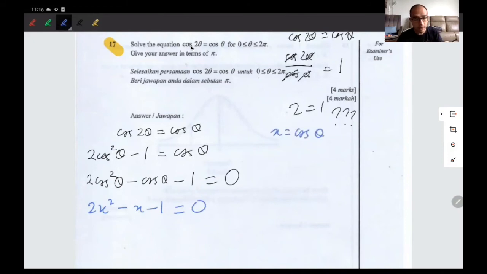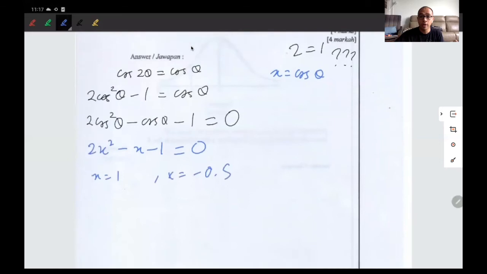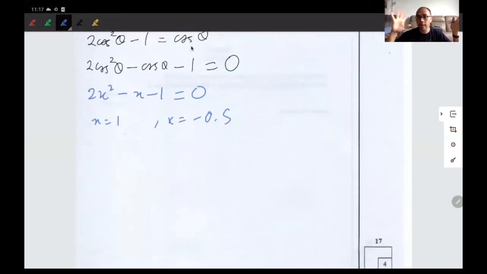I'll get two values of x, which I will just simply use EQN to do. 2, minus 1, minus 1. You get 1 and minus 0.5. So x equals to 1, x equals to minus 0.5. I use EQN directly because there's no mark for using the long formula. So therefore cos theta equals to 1 and cos theta equals to negative 0.5.